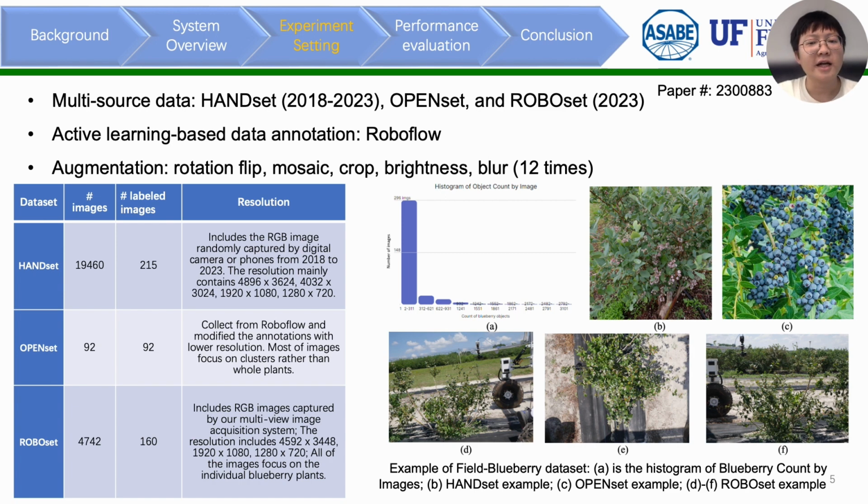Here are several images to show what the dataset looks like. Totally, we got about 350 annotated images for model training. Besides, we use image augmentation techniques to extend our dataset to 12 times, including rotation, flip, mosaic, crop, brightness, and blur.